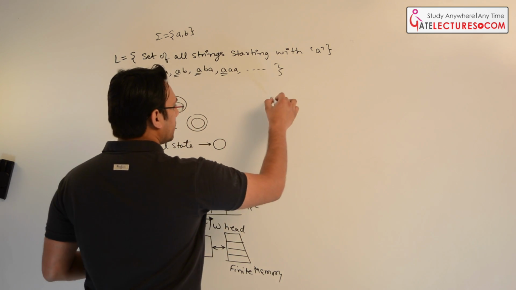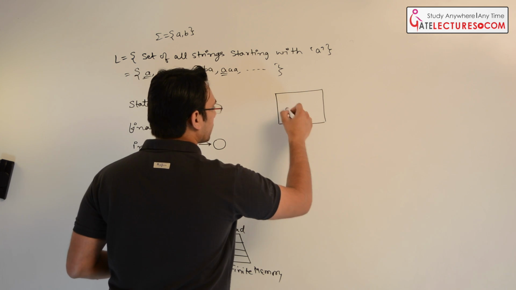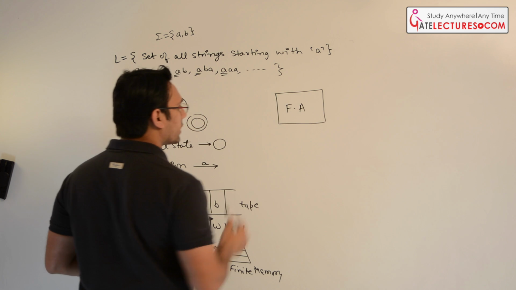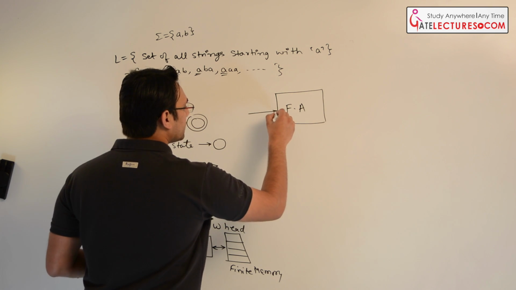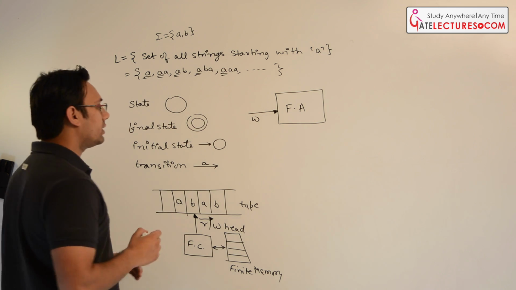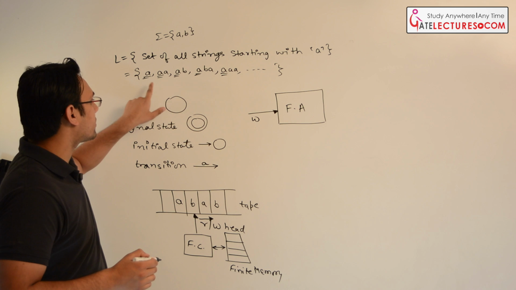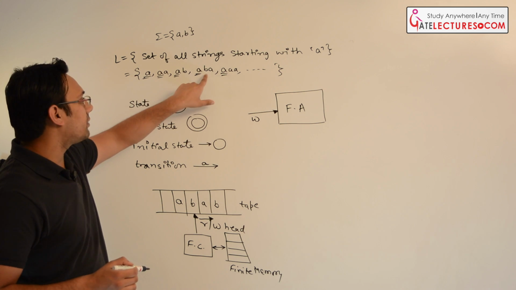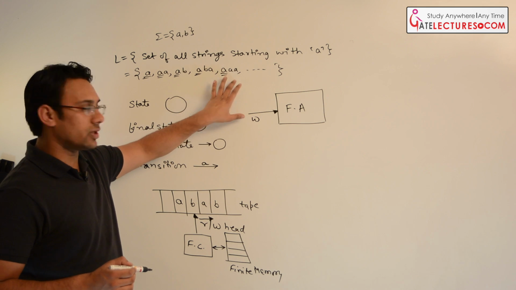Okay. So what I mean to say here is, don't worry if it is not clear to you, just see what the finite automata is. If we say this is a finite automata, okay. Now to this finite automata, if we give a string of the language, for example in this case the string can be single A, the string can be ABA, the string can be AAA or any other string.